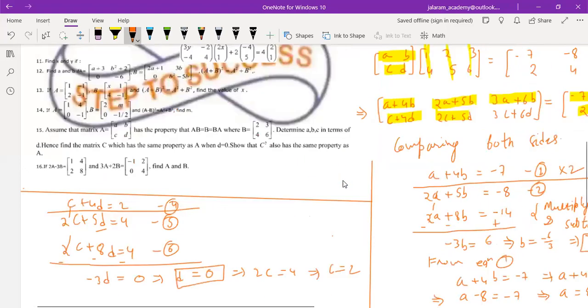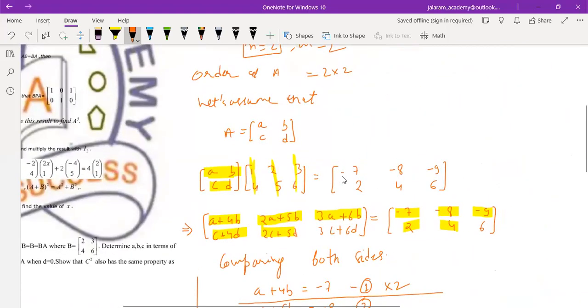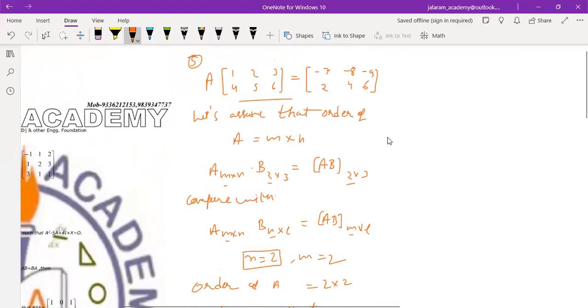So in this way, we can find the unknown matrix by solving this matrix equation. This is a type of matrix equation in which we have to find A, which when multiplied with a matrix of order 2 cross 3 produces a matrix of order 2 cross 3.